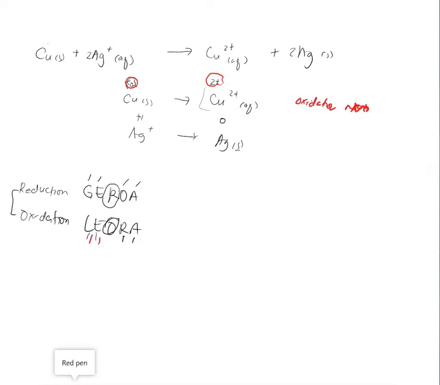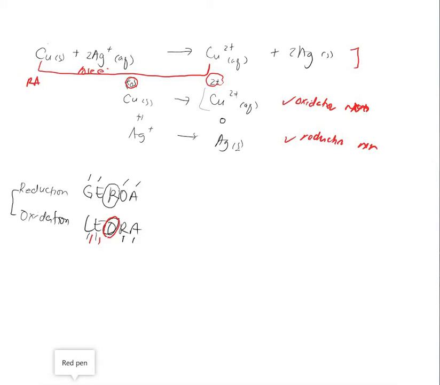Now silver goes from plus 1 to 0, so that means it was reduced: reduction. Since we have oxidation and we have reduction, this equation is a redox reaction. So copper became copper 2 plus, meaning it lost electrons, and losing electrons is an oxidation process. Therefore copper is the reducing agent, because copper is the one oxidized.